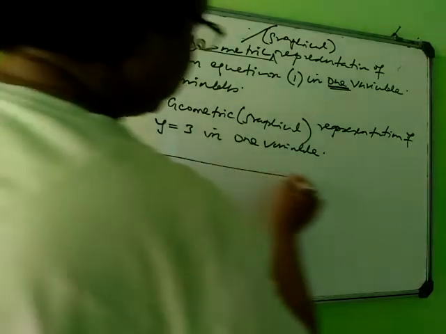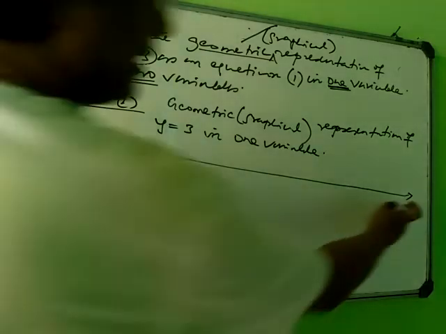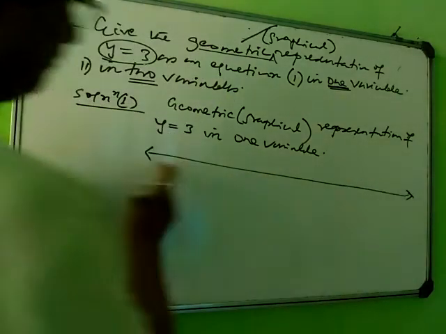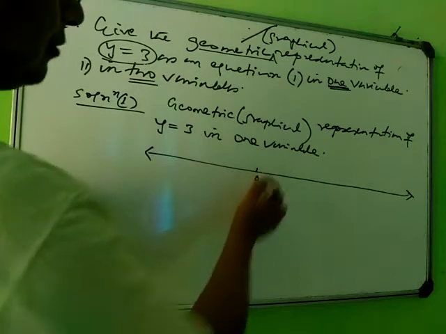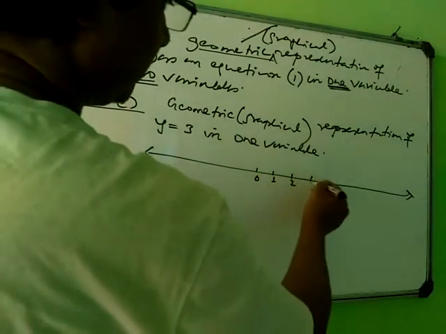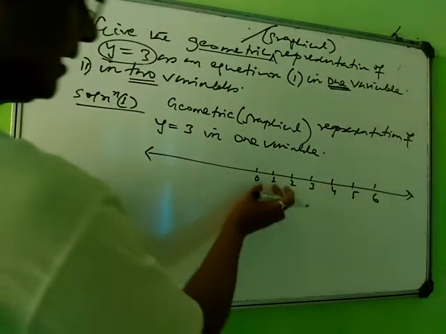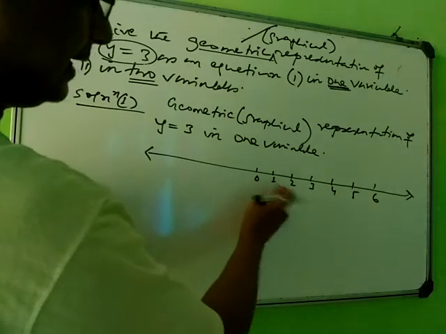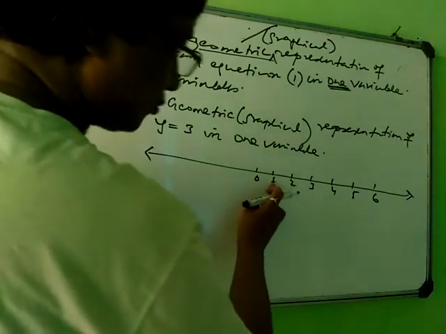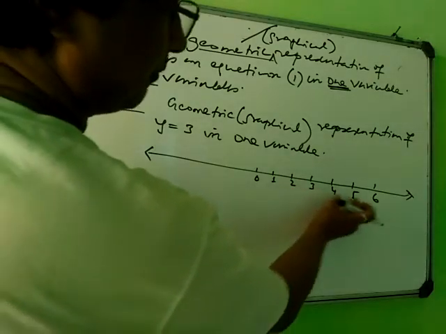You just draw the number line with a scale, and on both sides arrows must be there. Then in the middle you take the 0, and to the right of 0 it will be 1, 2, 3, 4, 5, 6. The distance between the integers has to be equal gaps. These gaps need to be uniform. It should be the same.